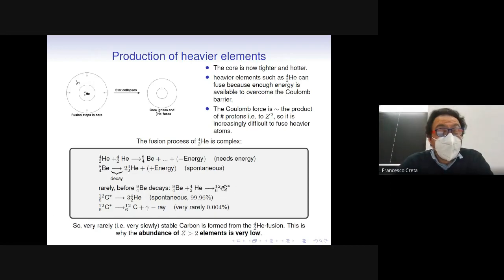In fact, this excited form of carbon will decay back into helium, but very, very rarely you have this kind of reaction where this isotope of carbon will eventually decay into the stable form of carbon. And this is how carbon is eventually formed in a second or third stage of a star.